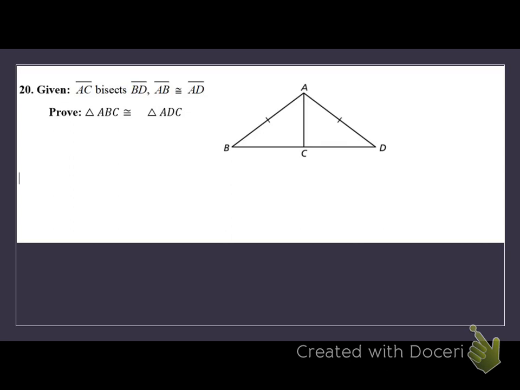This is the last one we will do together, and it is another proof. So go ahead and make your 2 columns. Statements on the left and reasons on the right.